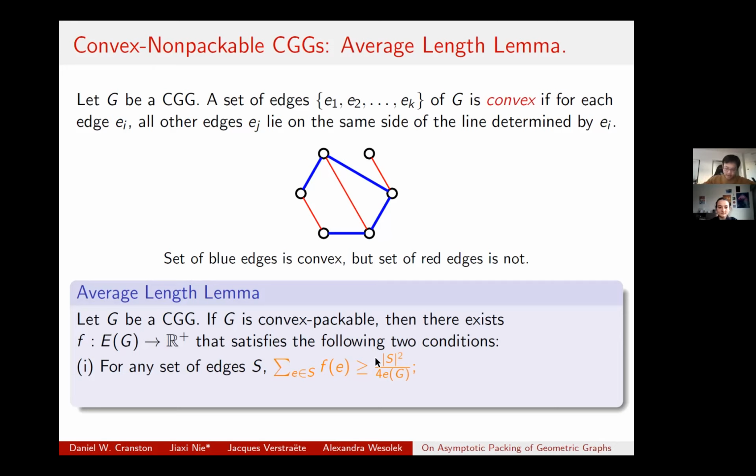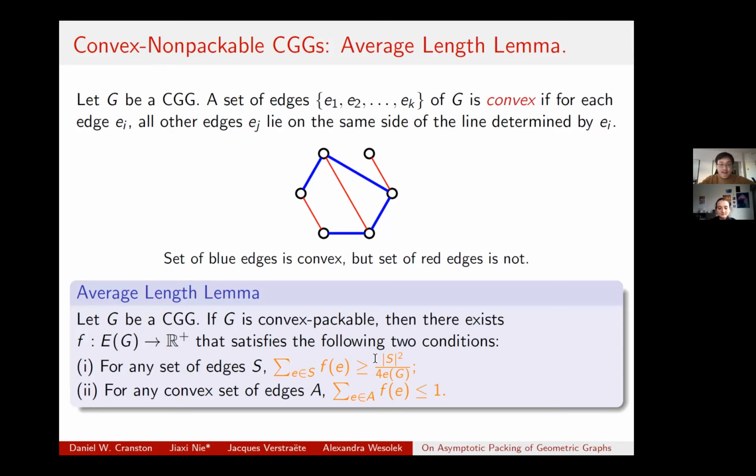This is the intuition. And the second condition is that for any convex set of edges A, the sum of f of E for all edges E in A is at most 1. This is because for a convex set of edges, the sum of their edge lengths is at most n, as I said before.